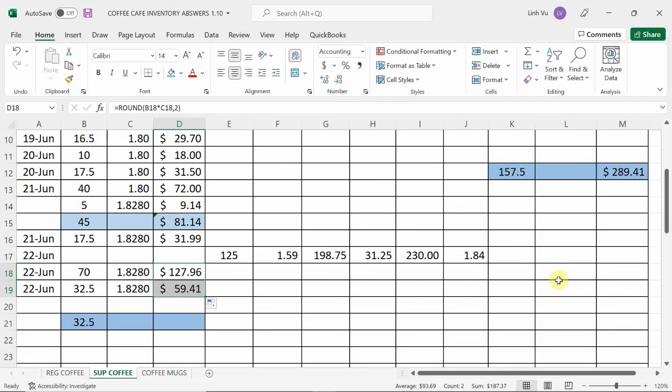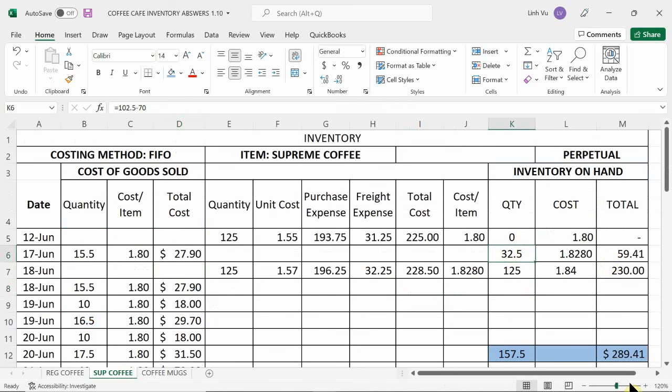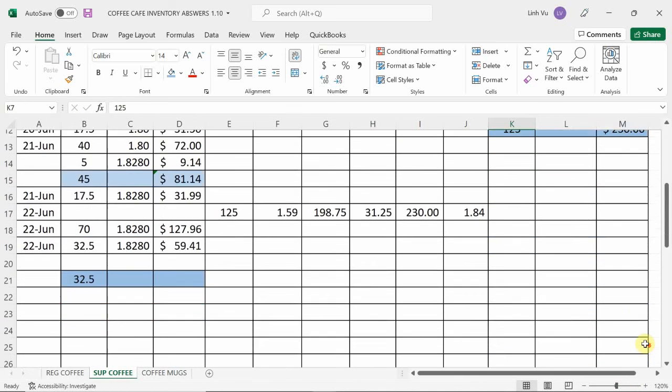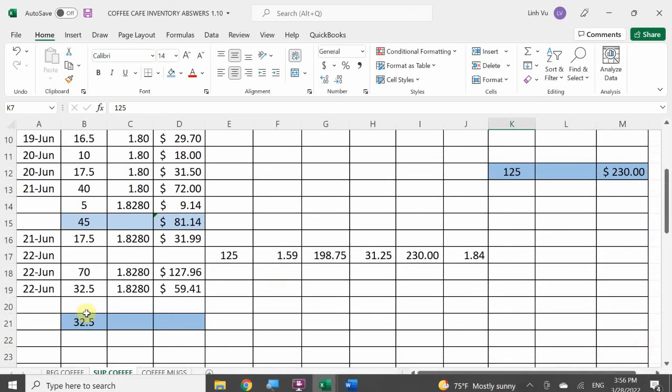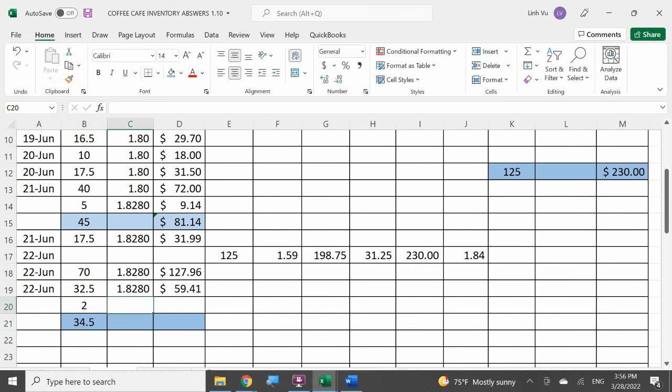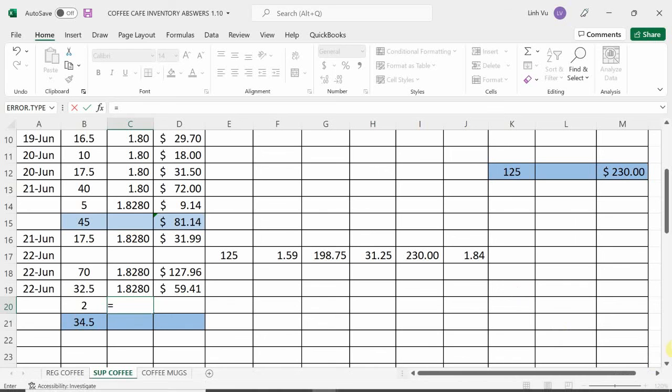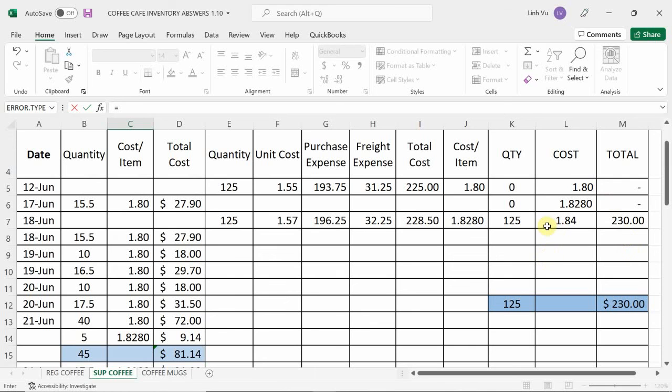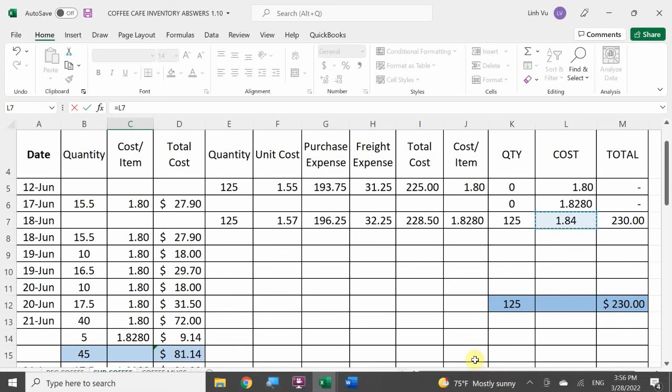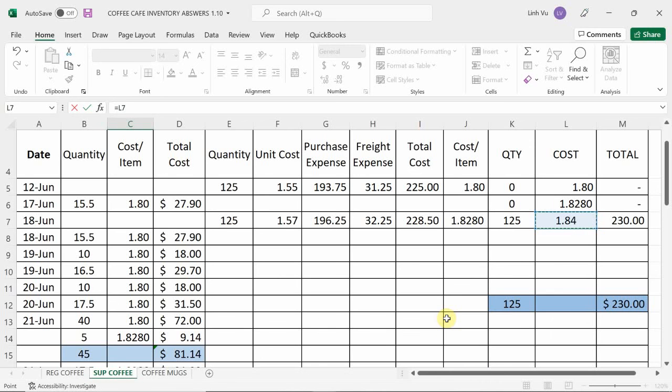So in that case, we already know what we already know. And therefore, I can eliminate this. But how many more pounds do I need to get to 34 and a half? We need 2 more. And in this case, I only have 1 batch of inventory left. What is its cost per item? $1.84.